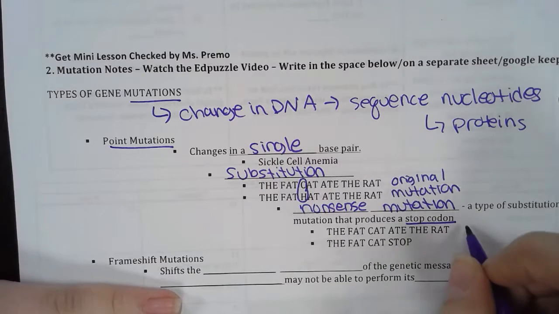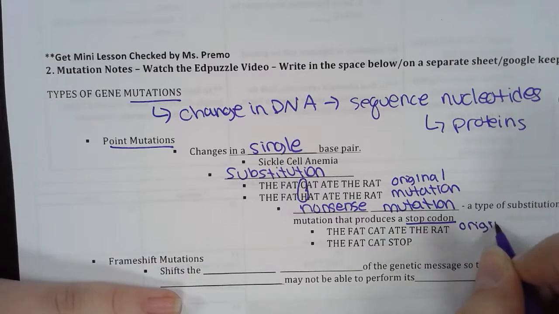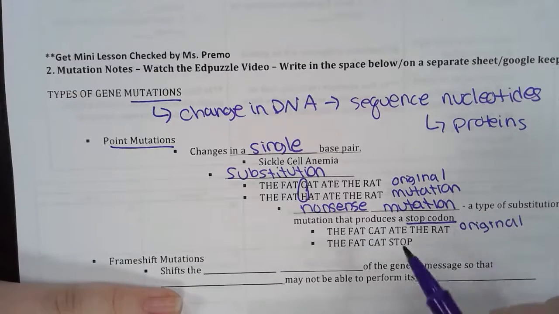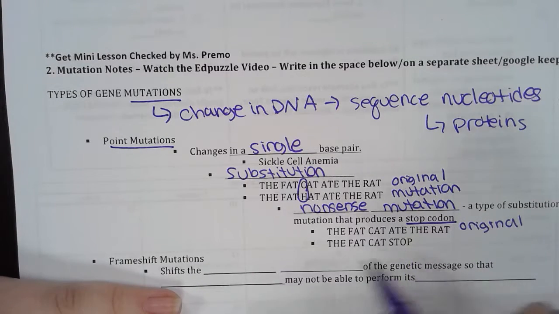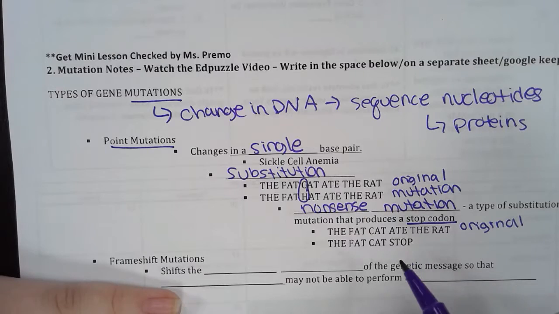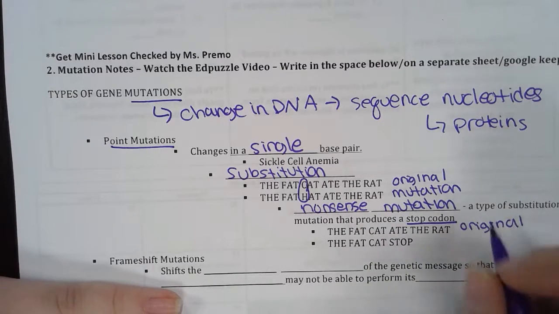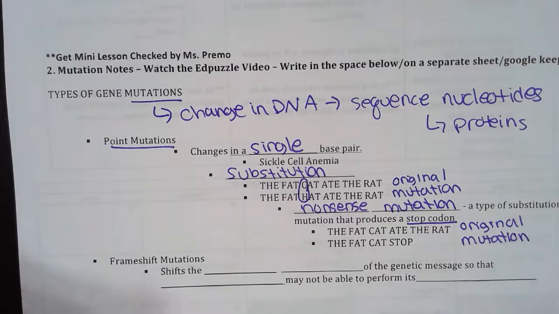So the original sentence, remember, is the fat cat ate the rat. Now imagine a stop codon is produced and it says the fat cat. That means that I get to know none of the rest of what the protein said, none of what the sentence says. It literally makes no sense. That's why it's called nonsense.